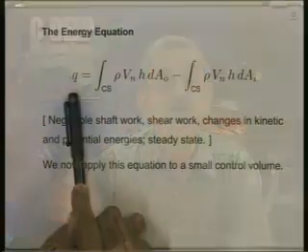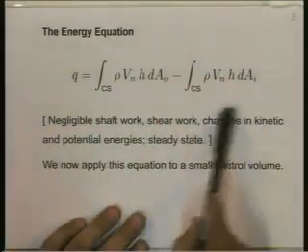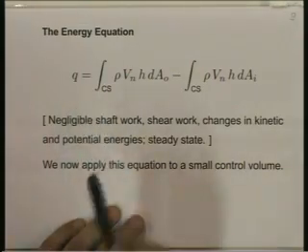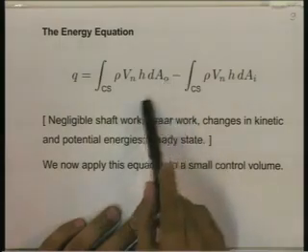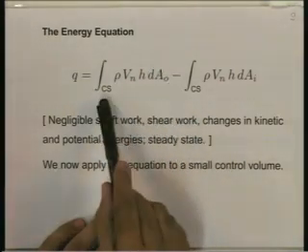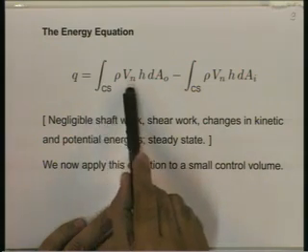And you will notice that we have the heat transfer to the control volume, and on the right hand side we have the total net outflow of enthalpy. This is the outflow of enthalpy from parts of the control surface where the fluid goes out.